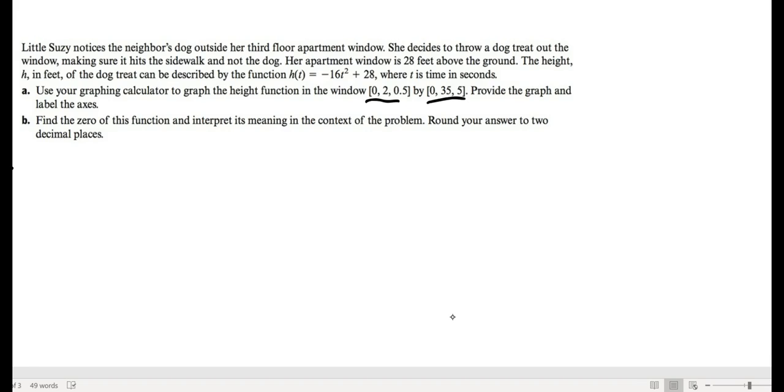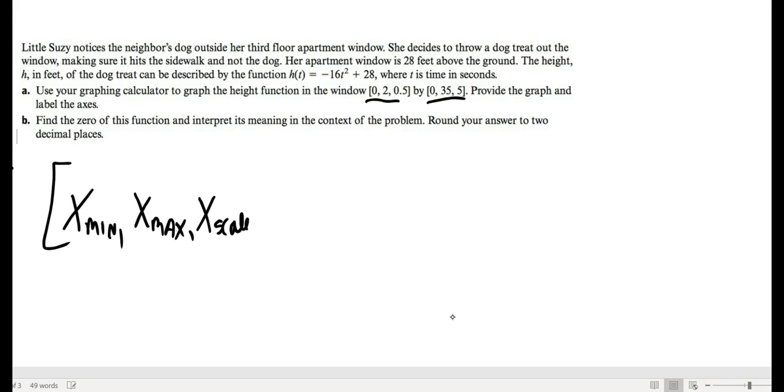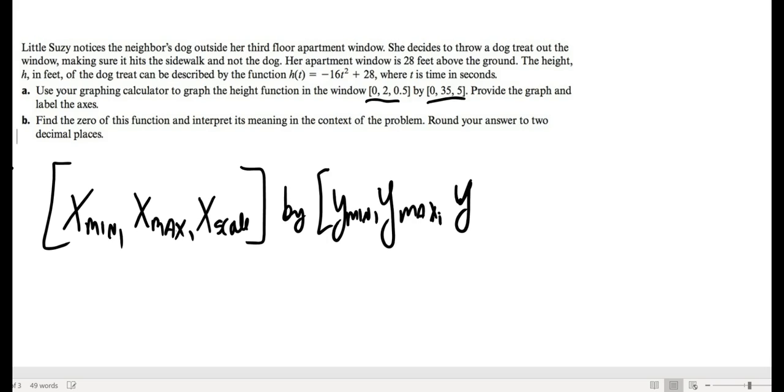So this is telling you what to enter into your window. When you see this, they're telling you what Xmin is, what Xmax is, and then your Xscale. And they're also giving you the Y values. These specifications tell you what the graph's going to look like. On ours, our x-axis will go from 0 to 2.